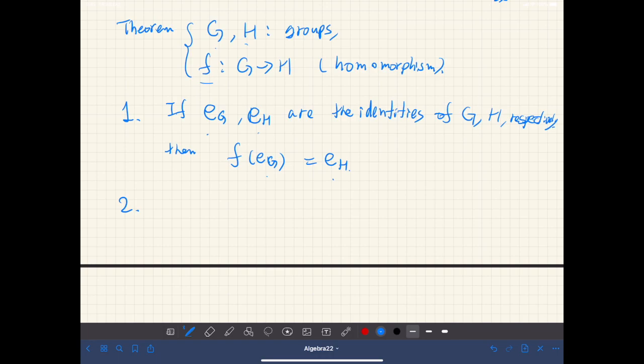And second, for all x in G, we have the inverse element of F of x in H is equal to F of x inverse.